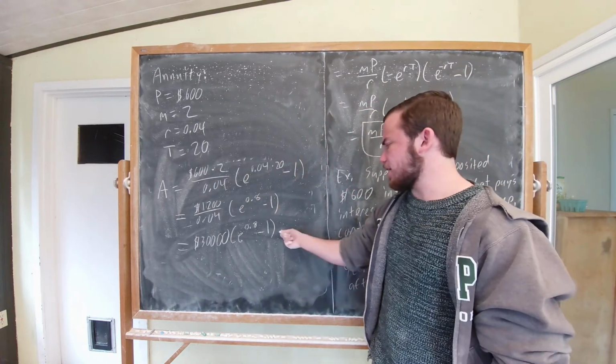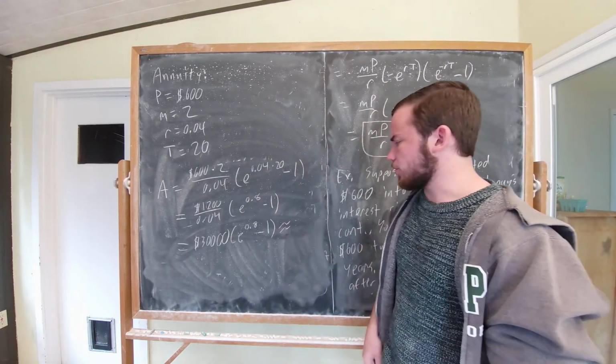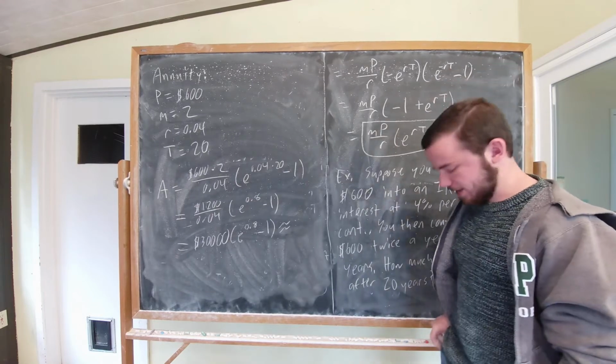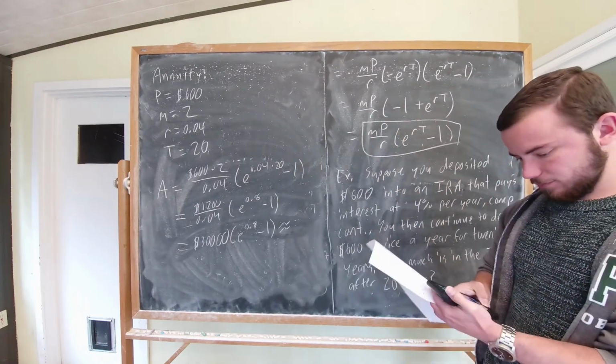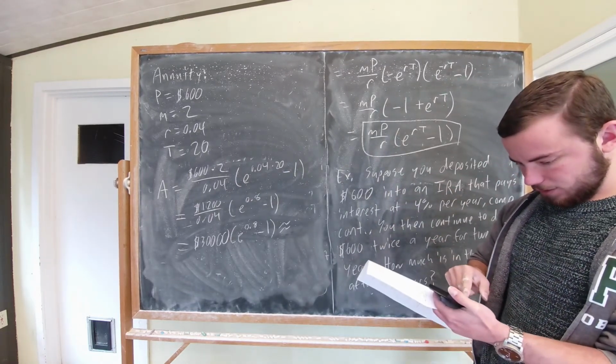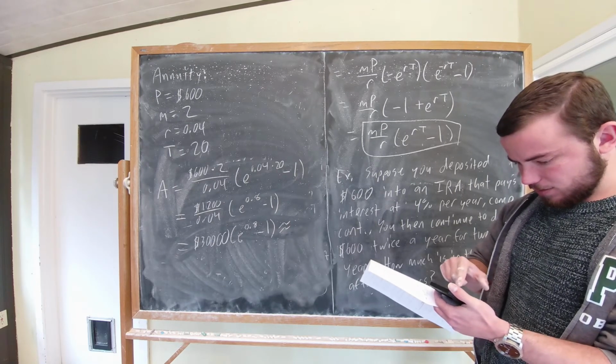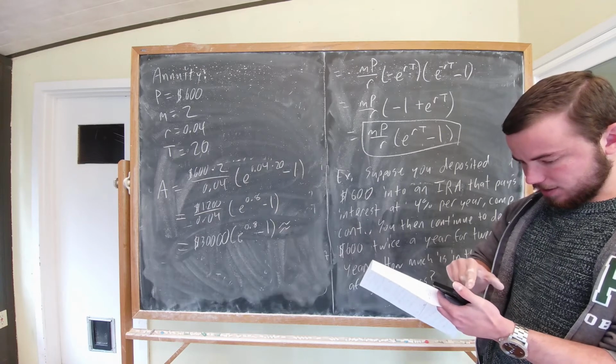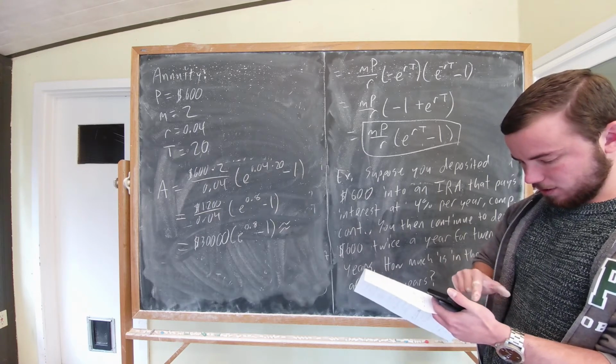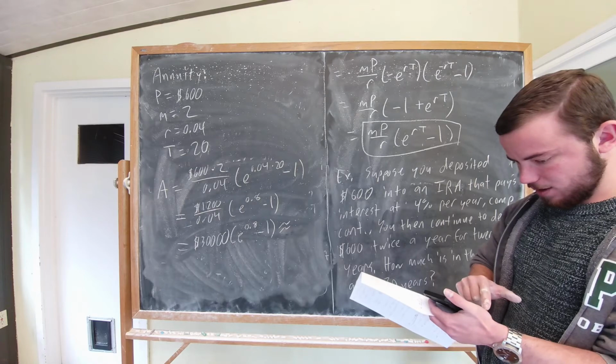Alright, and if you were to run that through a calculator, let me just get out mine. Let's see, 0.8, and then I need e to that, minus 1 times 30,000.